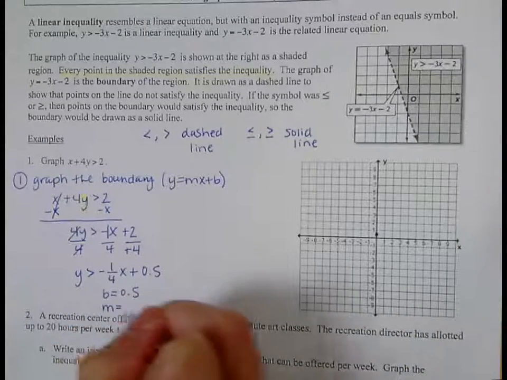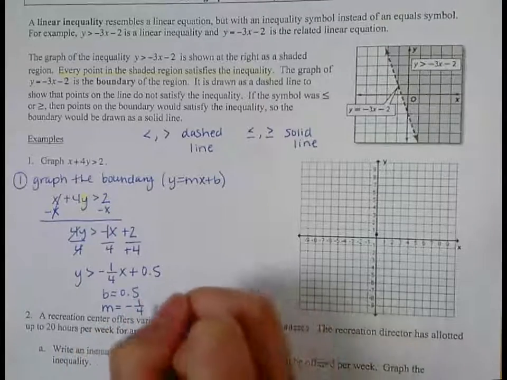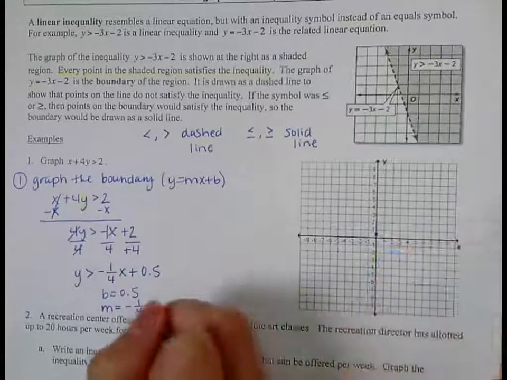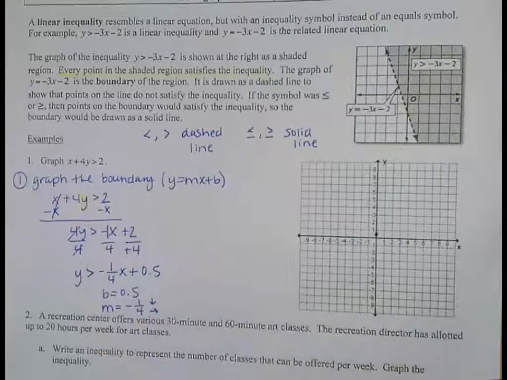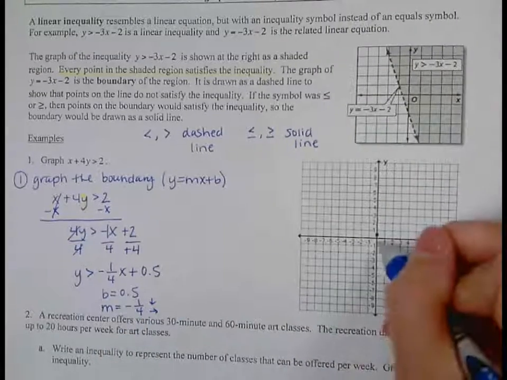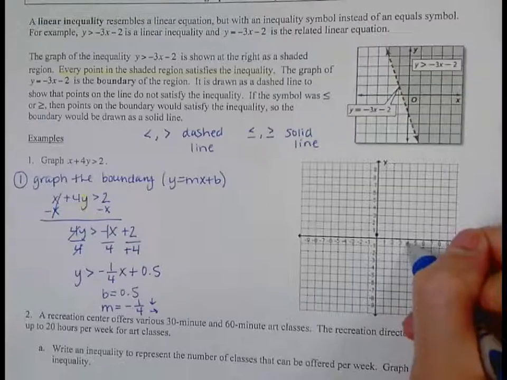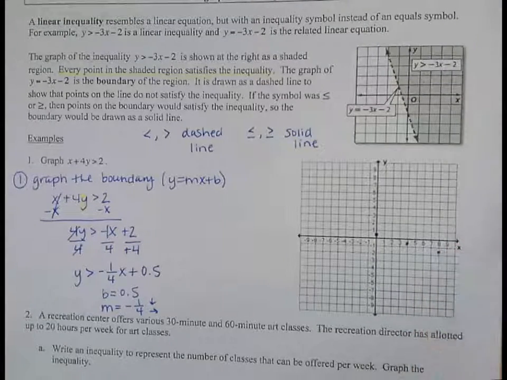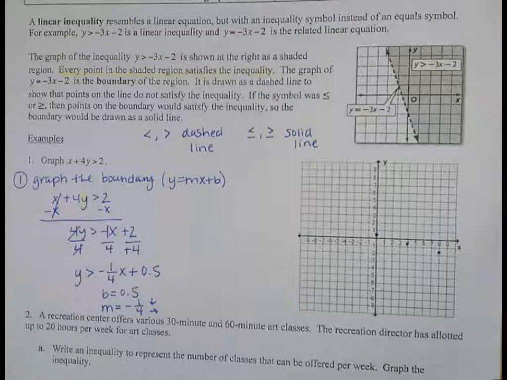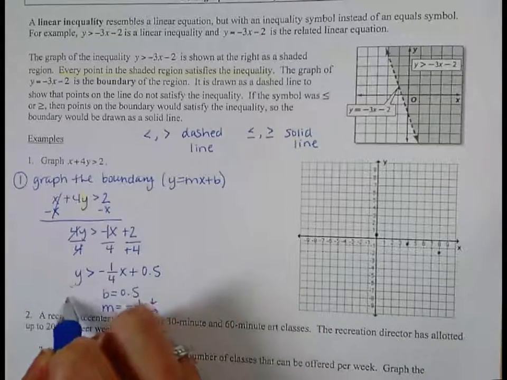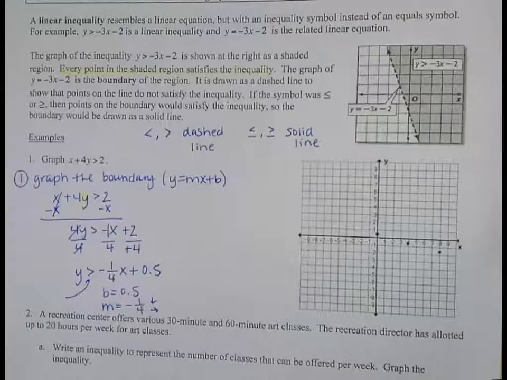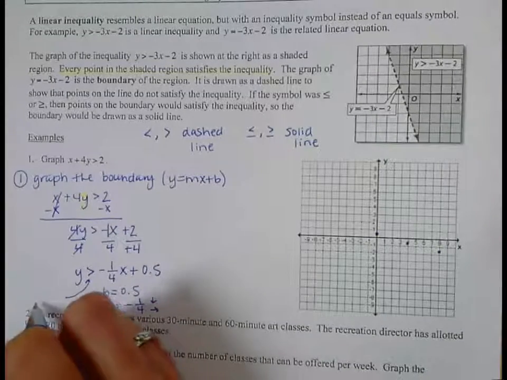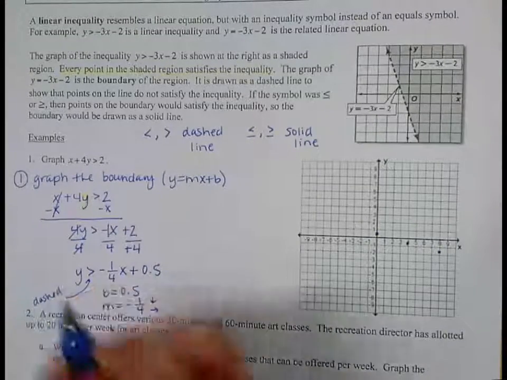And then the slope is negative 1/4, meaning from my y-intercept, I can go down 1 and right 4, or I could go up 1 and to the left to plot some additional points. Then to actually graph the boundary line, I need to make sure I look at my inequality because it's greater than and not greater than or equal to. I need to make sure that my boundary is dashed or dotted.